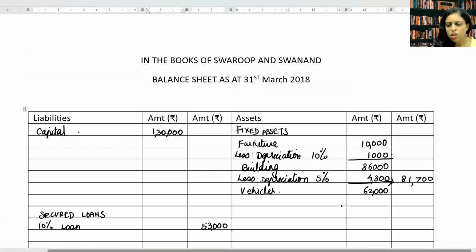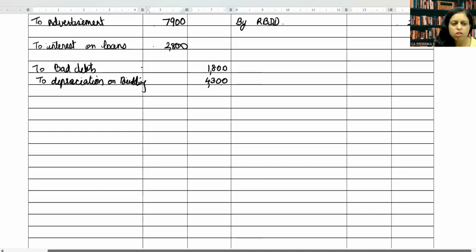What is the asset value after depreciation that I carry in the outer column? 9,000. This 1,000 effect of depreciation I'm going to give in your profit and loss account, to depreciation on furniture. What is the value? 1,000.